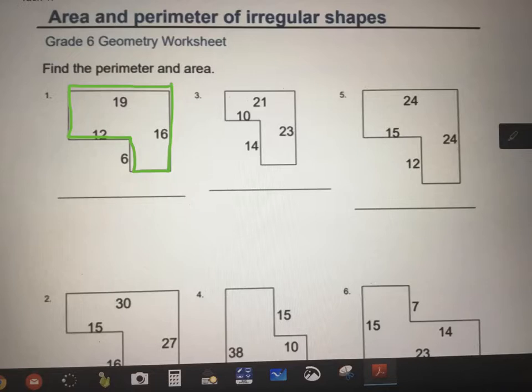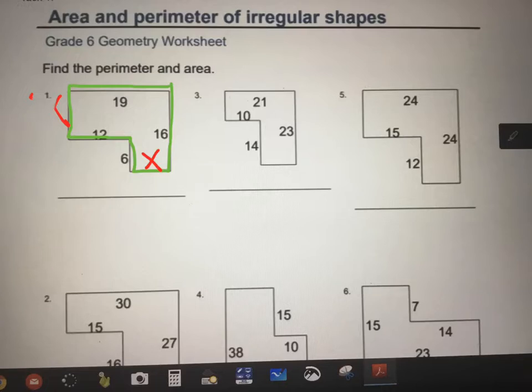But the only difference is with some of these irregular shapes, you'll find that you are missing sides. So we're missing the number for this side and for this side. And we have to figure out what those numbers are. So as you can see, we'll start over here with this side right here.